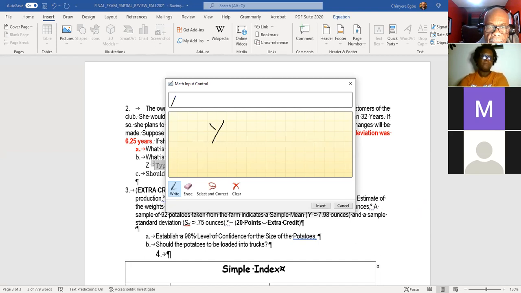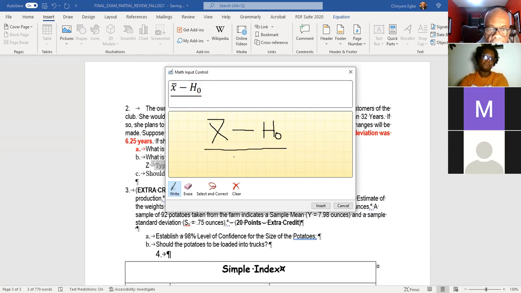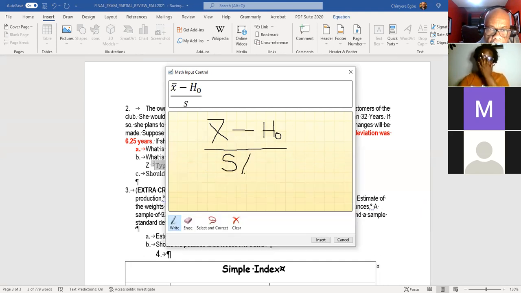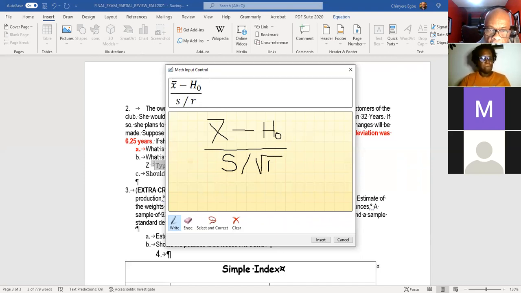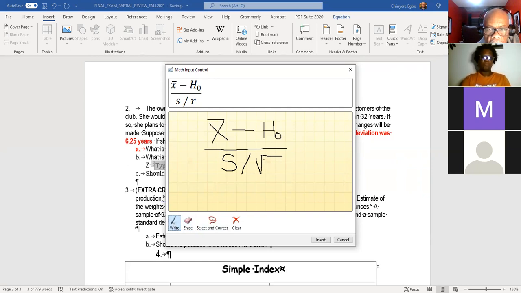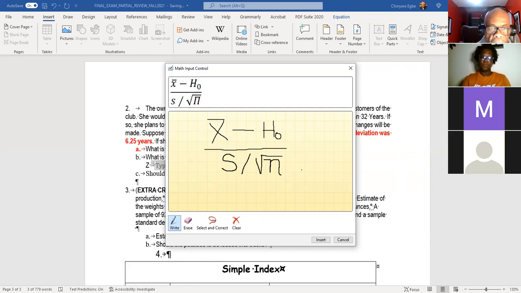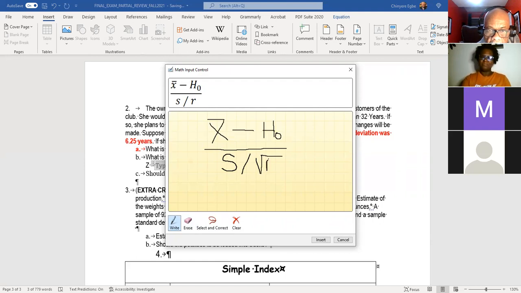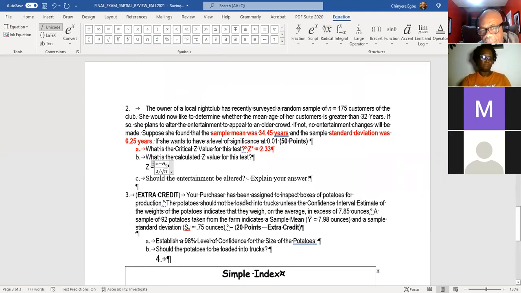X bar minus null hypothesis divided by S over square root of N. Okay. And so this is how you calculate.